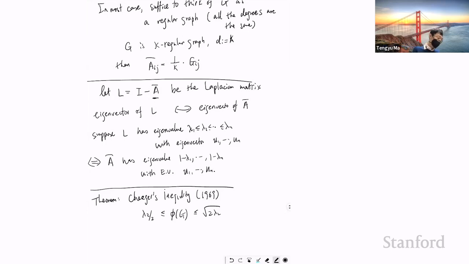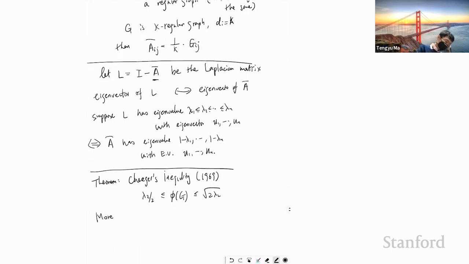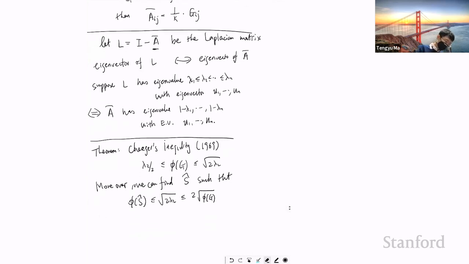And moreover, you can also find an approximate cut S hat, such that the conductance of this cut is less than square root of 2 lambda 2, which is less than 2 times square root of phi of G, computationally efficiently.